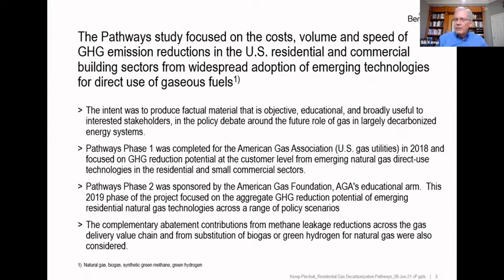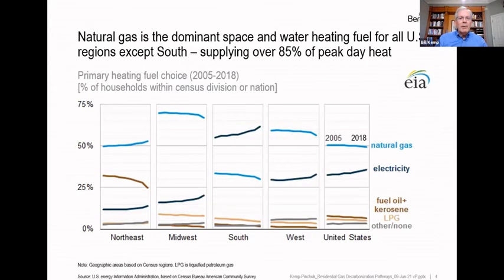Just a bit of background for those of you outside the US, as in Northwest Europe, I would say natural gas is the dominant space and water heating fuel for all the US except the South. And on peak cold snap days in the winter, gas is supplying over 85% of heating energy in the US.